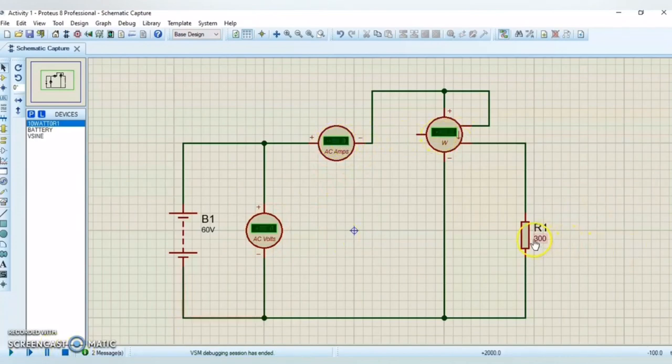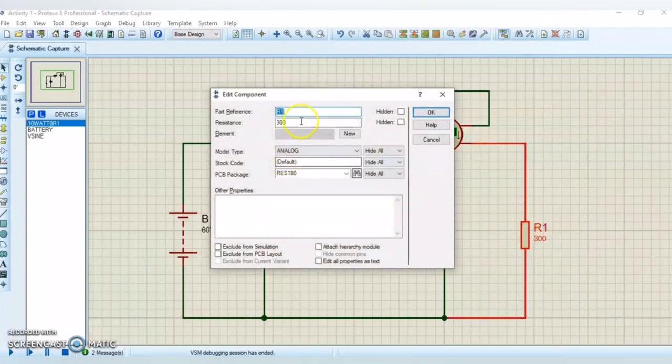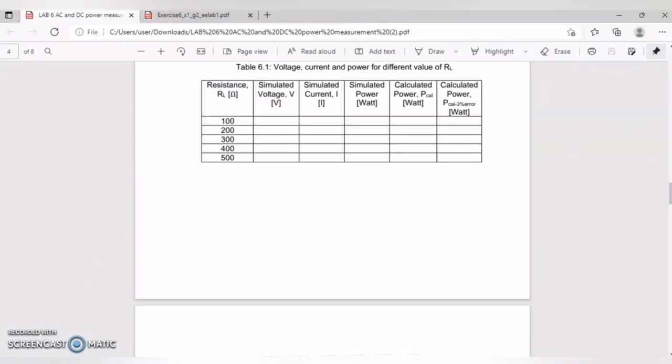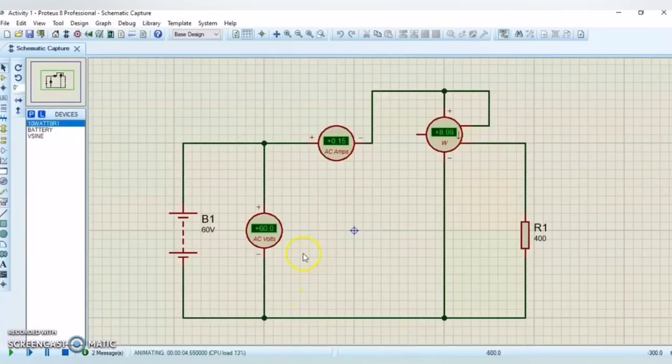And then we stop, and then change it again to 400. Okay, so run. We get the answer for AC voltmeter, which is 60, AC ammeter 0.15, and voltmeter is 9.